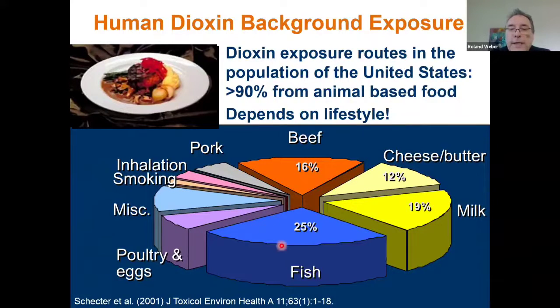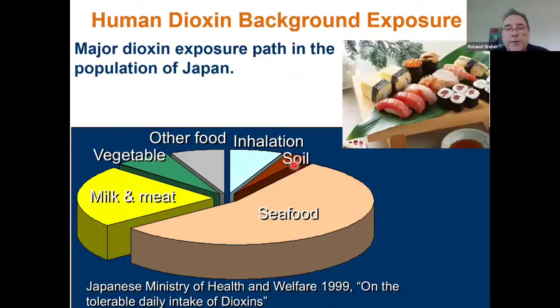So what you see here, this is the exposure from food in the United States, and more than 90% normally of dioxin exposure comes from this kind of food. The exposure is a little bit different for different countries. Here you see the main exposure for Japan. In Japan, they eat much fish and seafood.